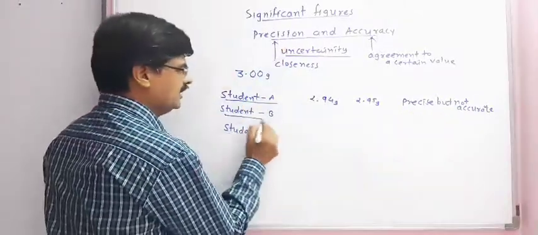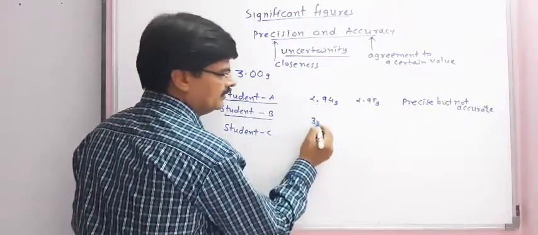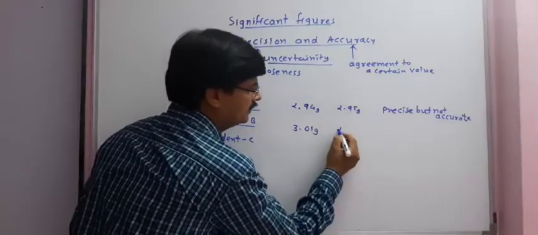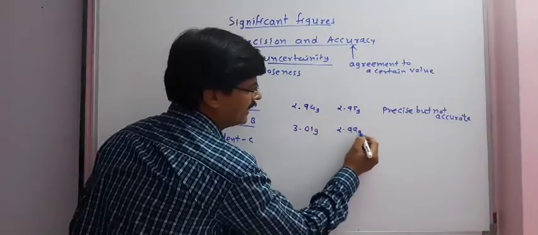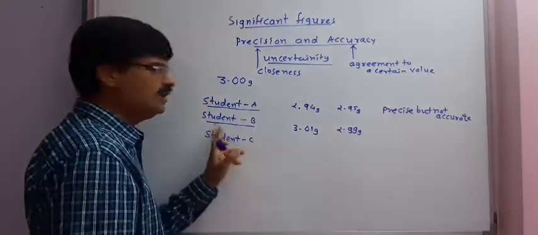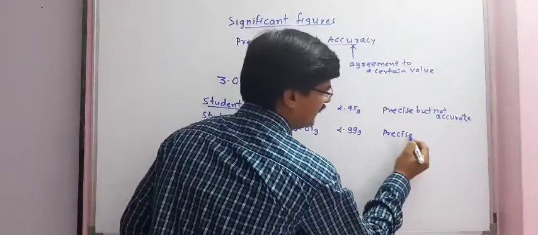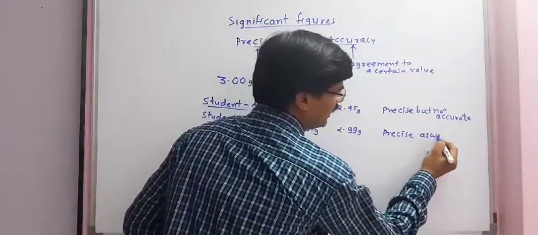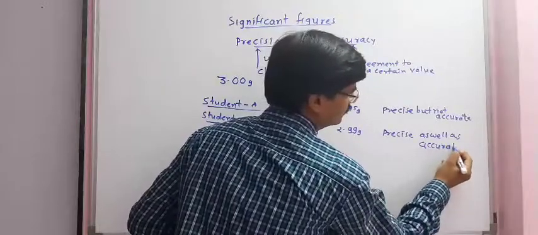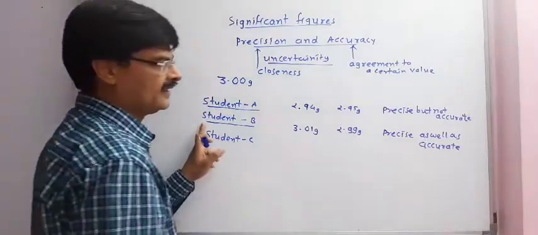Now for student B, if the result comes out to be 3.01, 2.99 and 2.9 gram, we can say it is precise as well as accurate.